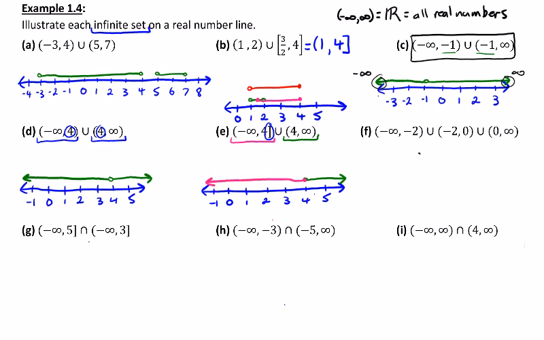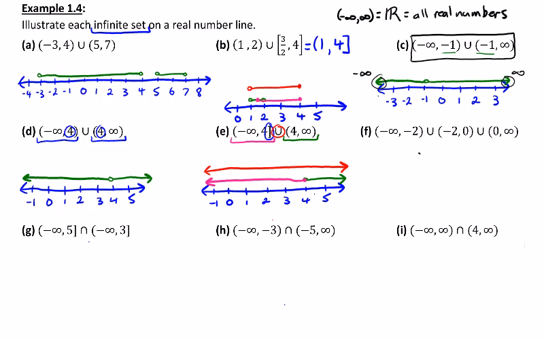So notice that it looks very similar to what we had with part D, except the hole has been filled in at 4. So the equivalent set for these two sets being unioned together is going to be all of the real numbers.